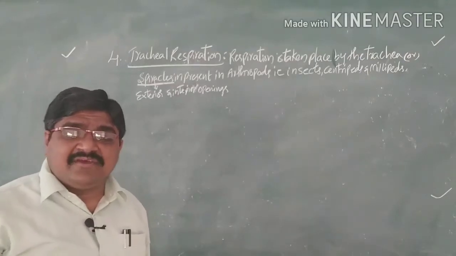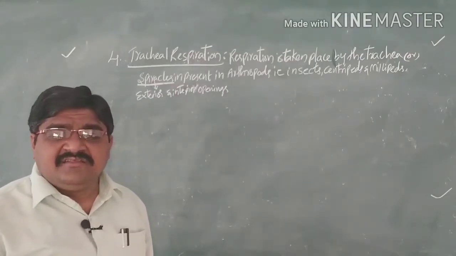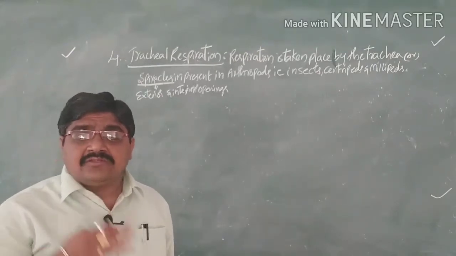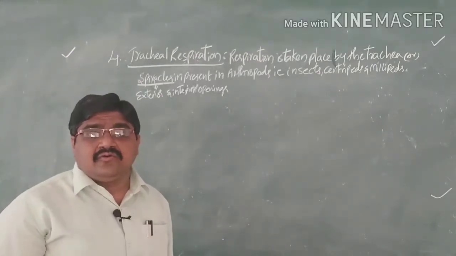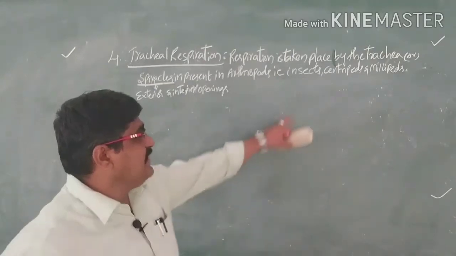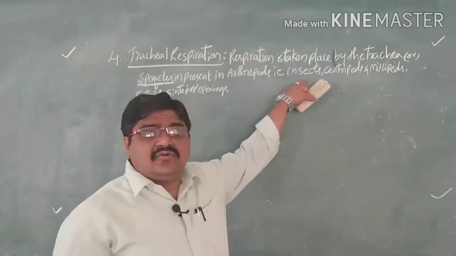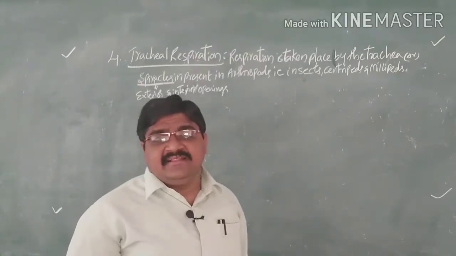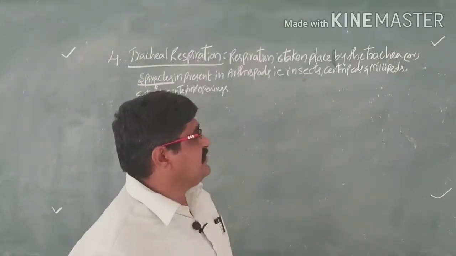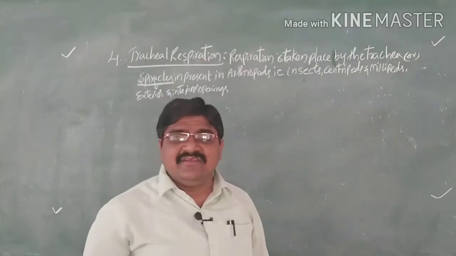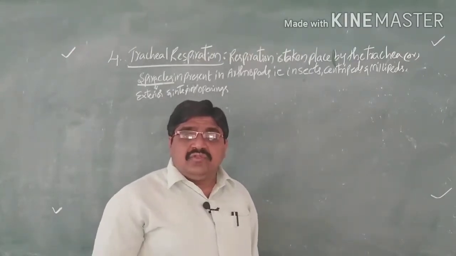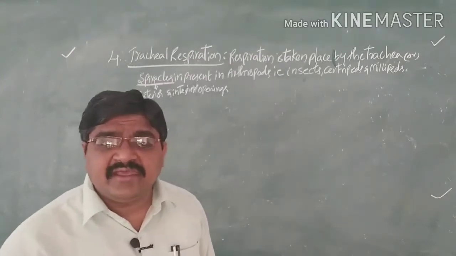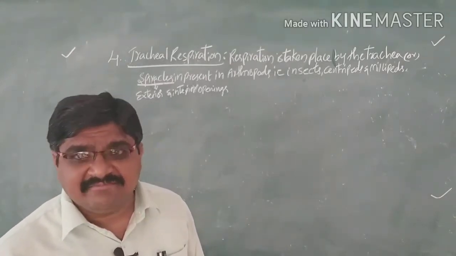So this type of respiration is called tracheal respiration, which is seen in arthropods, mainly in insects like the cockroach. The best example is the cockroach, which has spiracles, and they are also present in centipedes and millipedes. Through these spiracles the exchange of gases takes place.